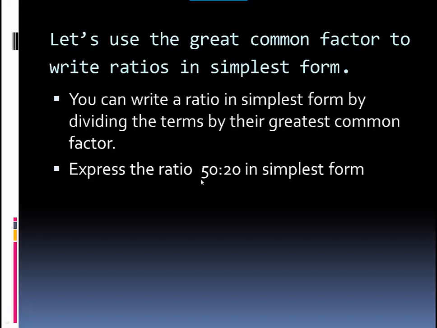Well, that would be 10, because 10 would go into both of them. So, I have 50 and I have 20, and I'm going to divide by 10. 50 divided by 10 is 5. 20 divided by 10 is 2. So that ratio is 5 to 2, and it is in simplest form. Neither one of these has a common factor.